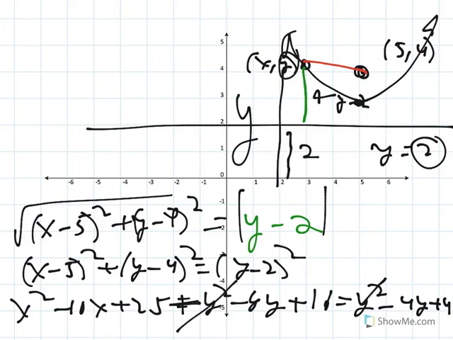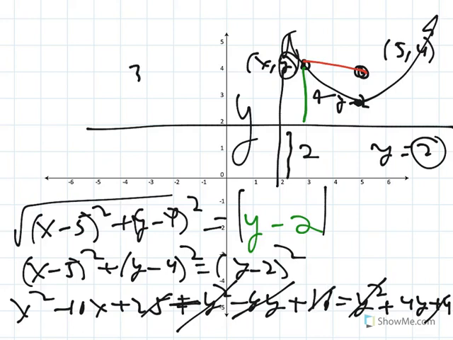These y squares cancel out. And when you add 8y to both sides, this ends up becoming plus 4y. Then if you subtract 4 from both sides, this becomes 25, and 16 is 41, minus 4 is 37.